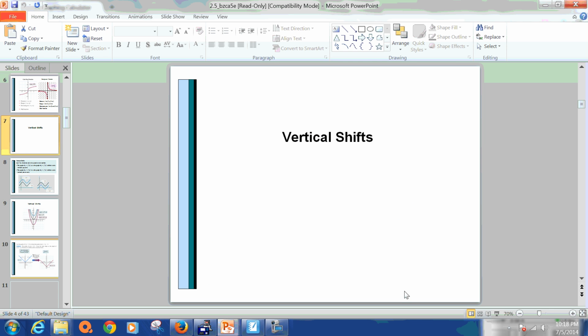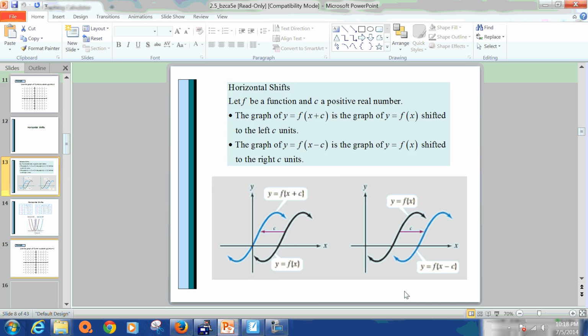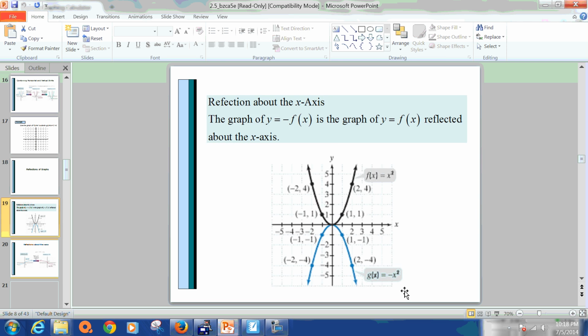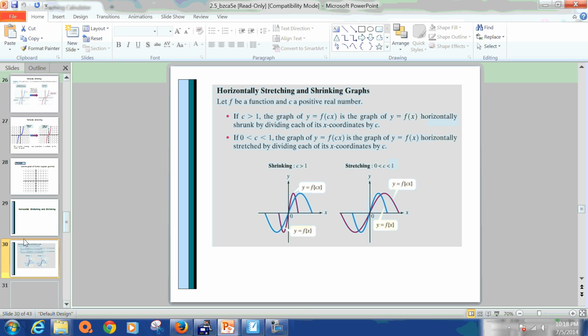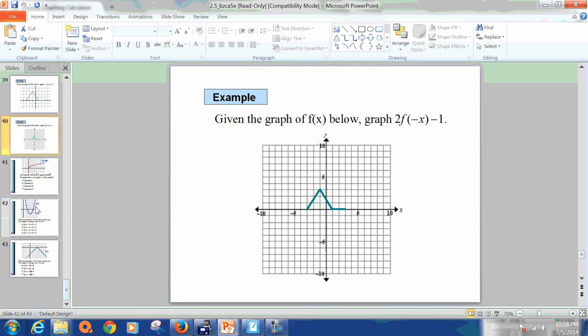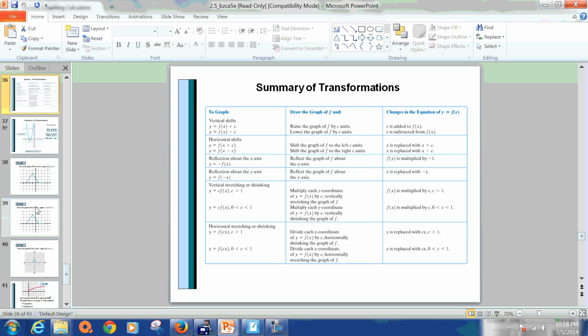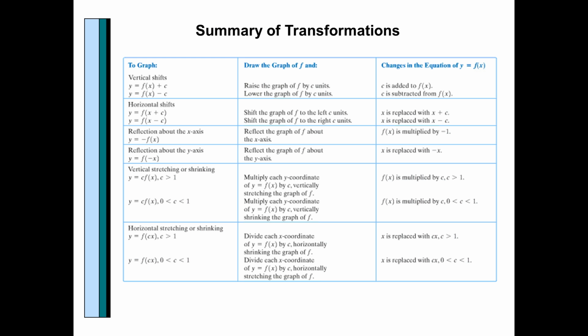And I'm sure they are all the way back here in a chart somewhere. I know it's in your textbook as well. No, I guess not. Where it gives you a list, there it is, of all the different ways that you can move it around. It looks very fancy, but all this is really saying is, if you want to move it up or down, add it on to the outside or subtract it off from the outside.